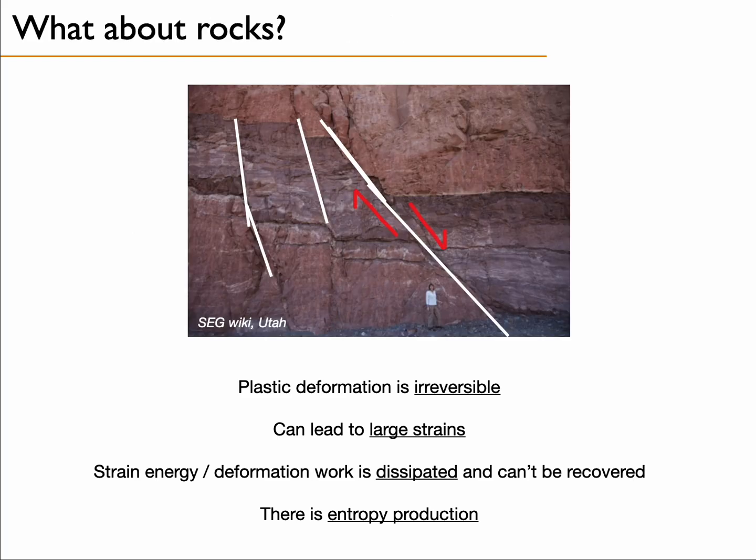So what about rocks? How do these features occur in rocks? They often take the form of faults. That's an example of a very nice normal fault here, breaking a sedimentary sequence. You can see this type of structure here with, of course, a dextral motion on the fault.